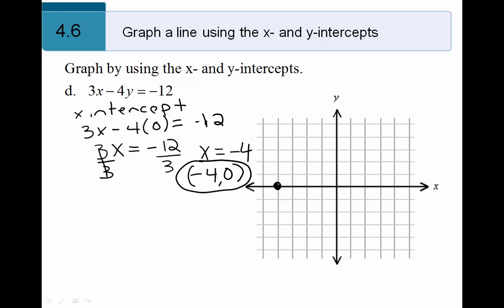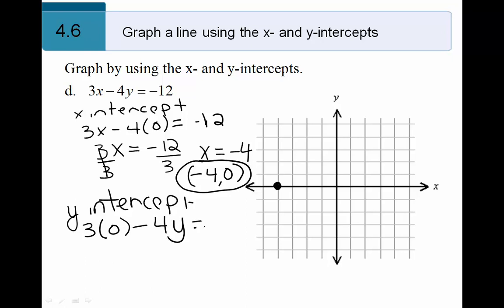My y-intercept. Plugging in 0 for x, I will have 3 multiplied by 0 minus 4y equals negative 12. 3 times 0 is 0, so I have negative 4y equals negative 12. Divide both sides by negative 4.